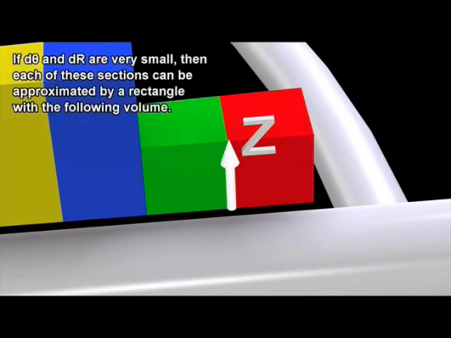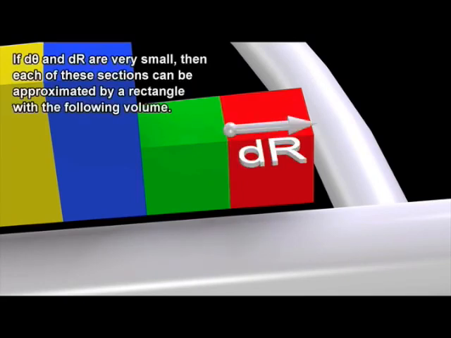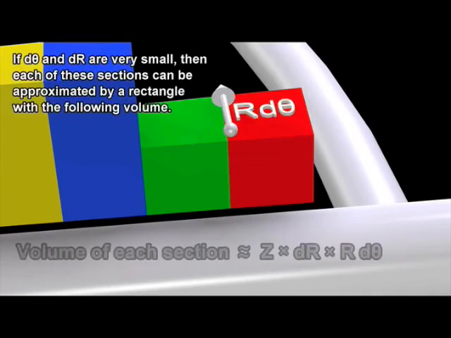If d theta and dr are very small, then each of these sections can be approximated by a rectangle with the following volume.